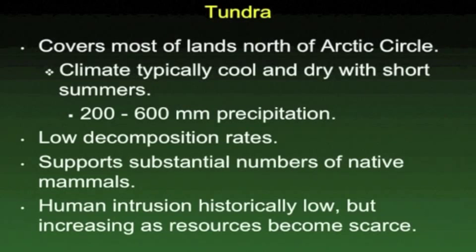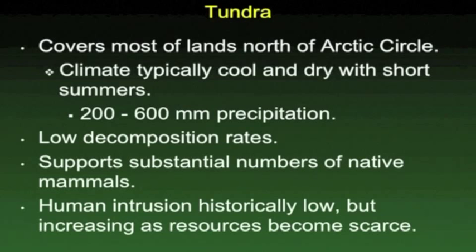In the tundra, we don't find trees in this area because they can't establish themselves because of the frozen ground year-round. The upper portions thaw out and become very, very spongy. But this is an area that does support a large number of mammals, with wolves in this area and certain types of elk and deer.